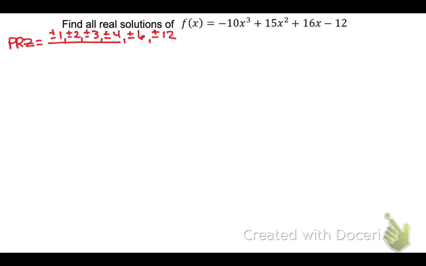Sorry. Okay, so 1, 2, 3, 4, 6, and 12. What's in the denominator? 1 and 10, 2 and 5. That's it. Okay, 1, 2, 5, 10? Yep.